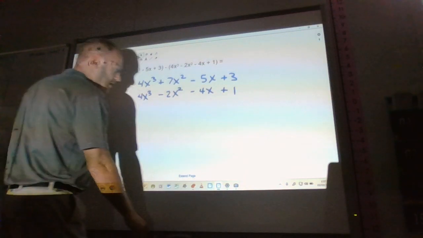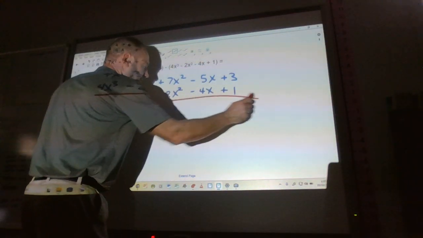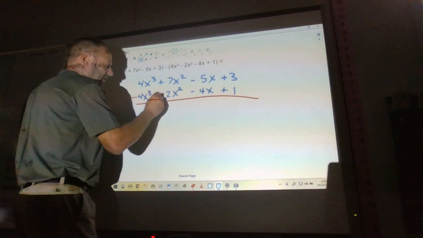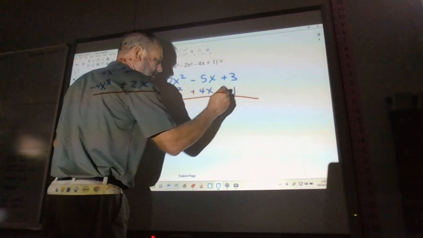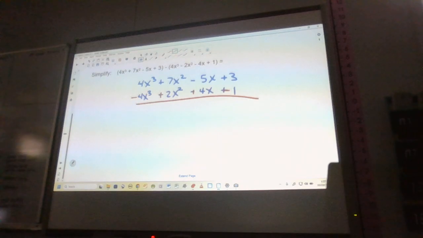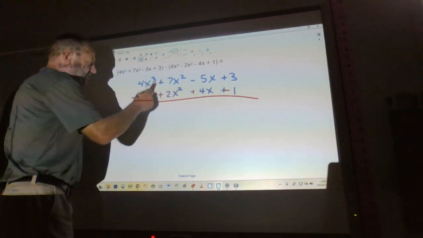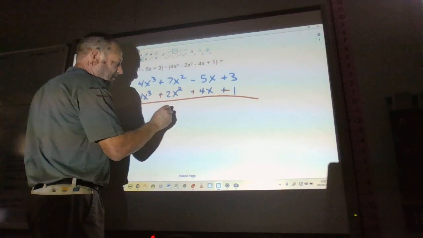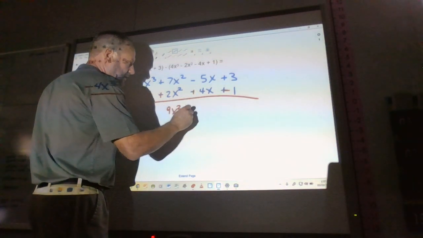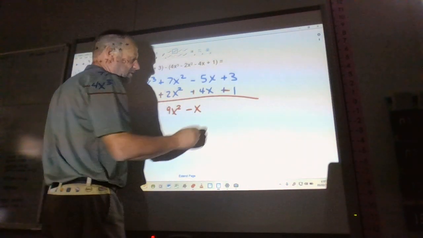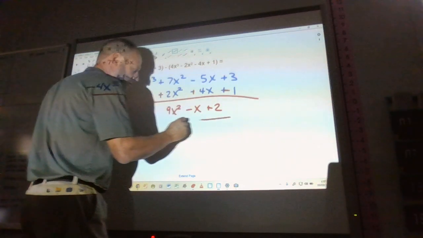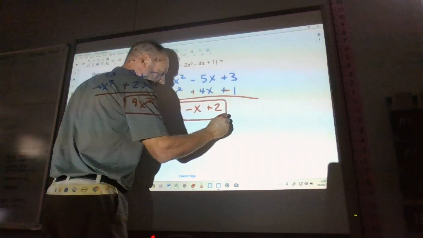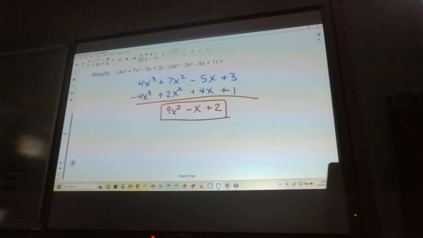And then, since I'm subtracting, I'm going to change all the signs. And then this is just going to go away because 4x cubed minus 4x cubed is 0. This is going to become 9x squared minus x plus 2. And that's the difference between those two.